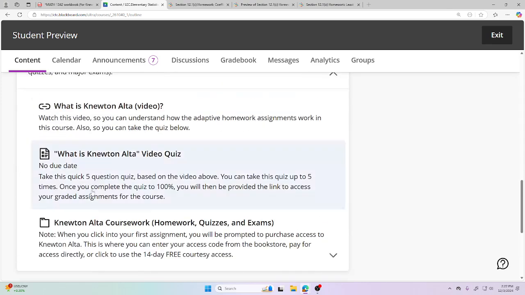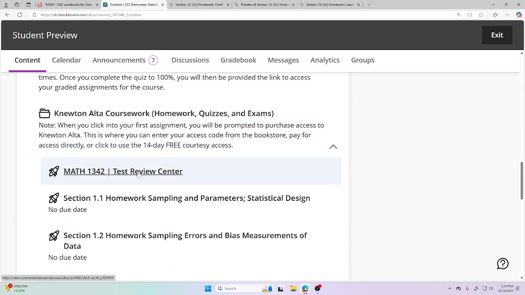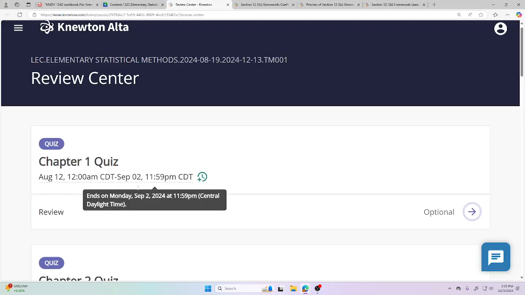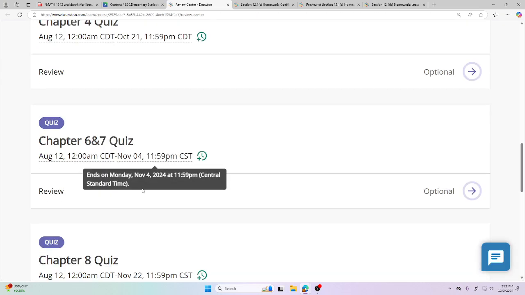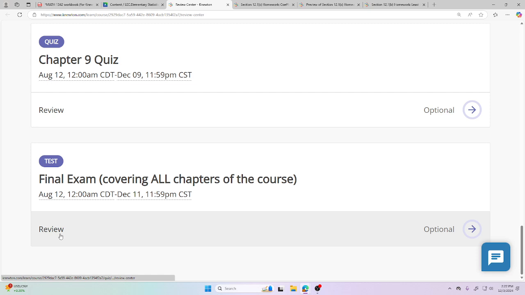Let's start some of that. I don't want to because I've got a lot of review to do. So I'm going to this test review center, and let's just do some chapter 1 stuff and get things wrong because that's what we do, right? And again, to hone in on what we're doing, final exam review. That's where we should be focusing, not going to a practice quiz like I was at one time.